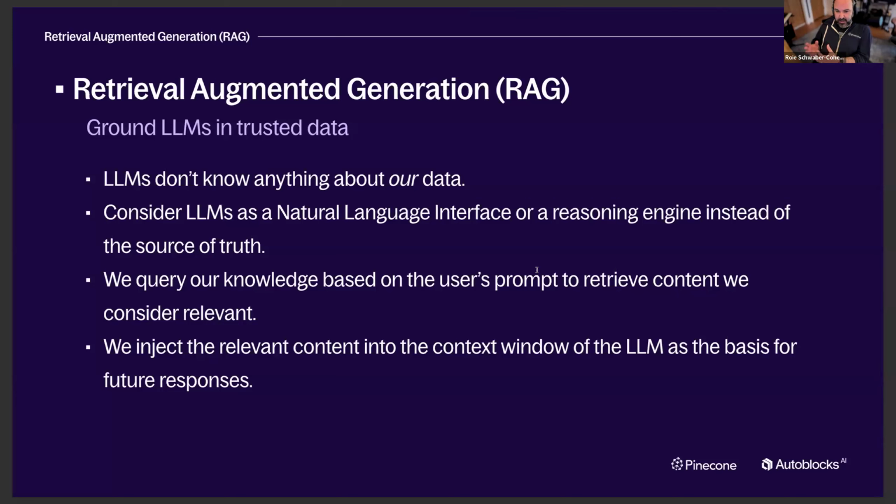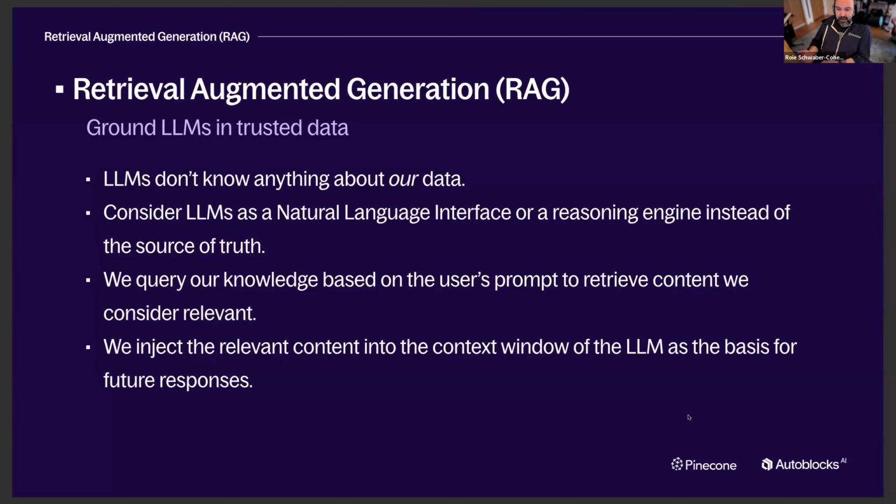So how does RAG help with this problem of misalignment with LLMs? How do we ensure that the LLMs ground their answer in data that we trust? To start off, LLMs don't know anything about our data. And to make them understand our data, we have to start thinking about them a little differently. We want to think about them as reasoning engines instead of the source of truth.